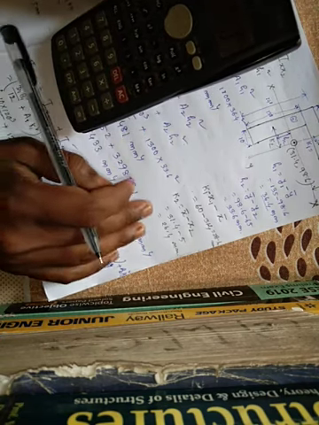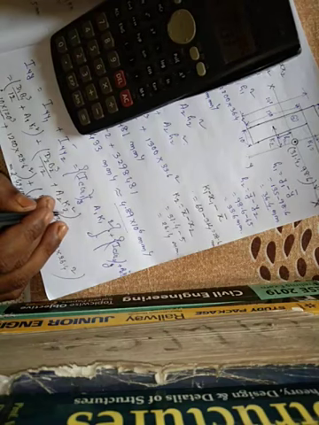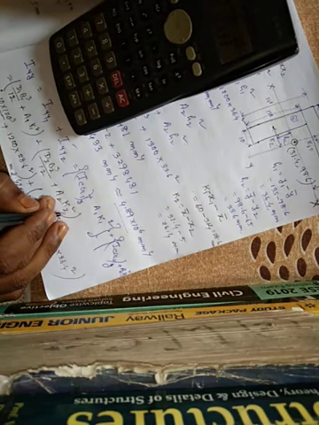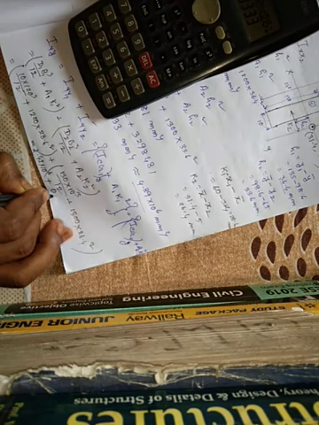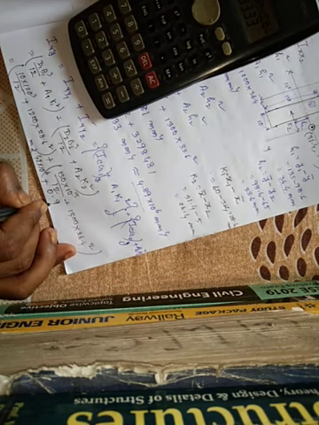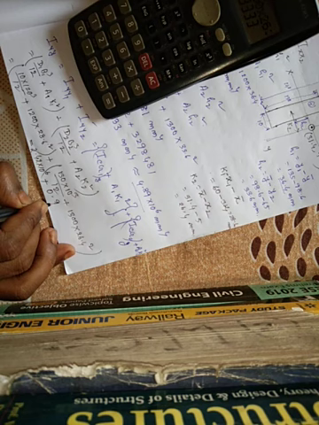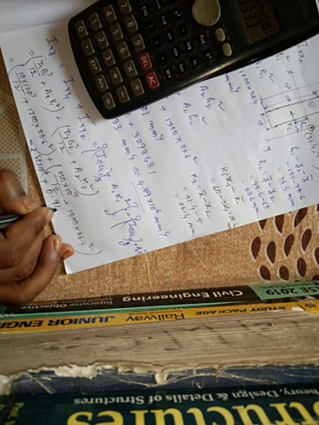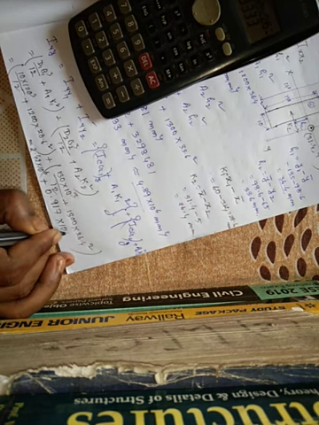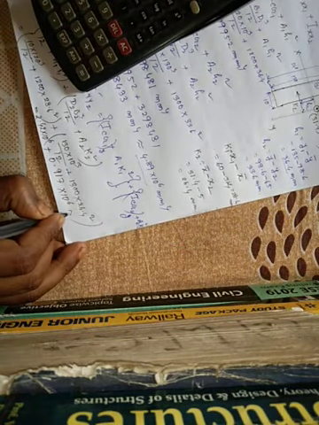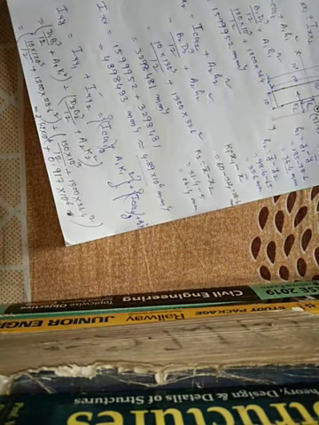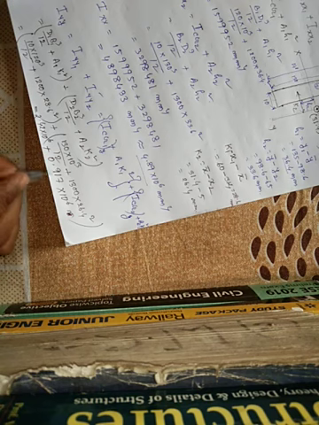This is equals to 0.917 into 10 to the power 6 millimeter to the power 4. Obviously it will be millimeter to the power 4.